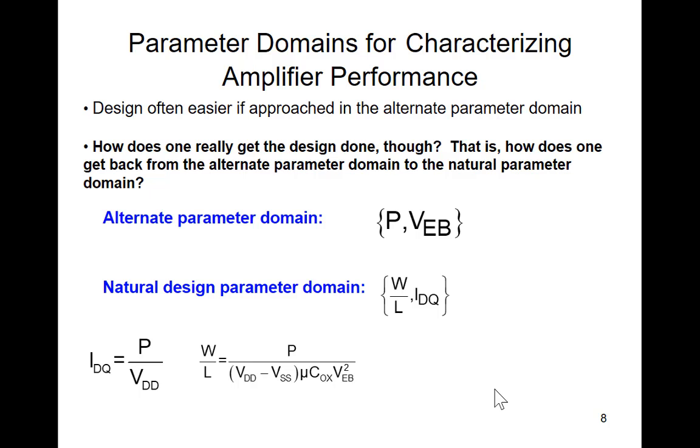And I know that the drain current, which is also IDQ, is equal to mu Cox W over 2L times VGS minus VT squared, which is the excess bias squared.